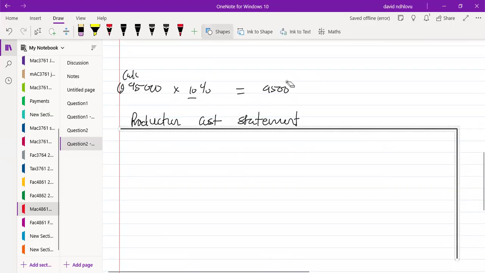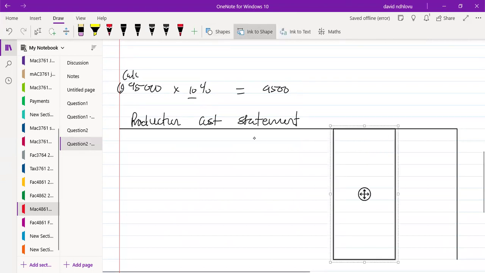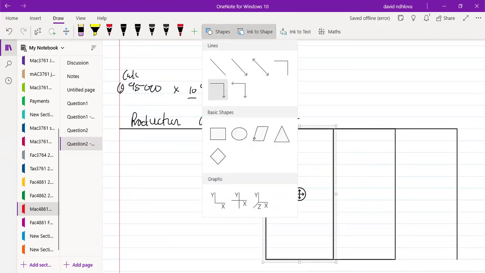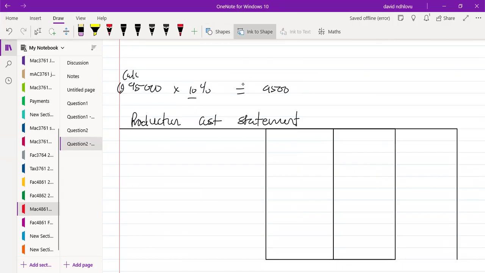Now we need a calculation to determine the cost per unit. So we need three columns here, because the calculation is done in this way. We'll have a total, we need material, then we need conversion costs.